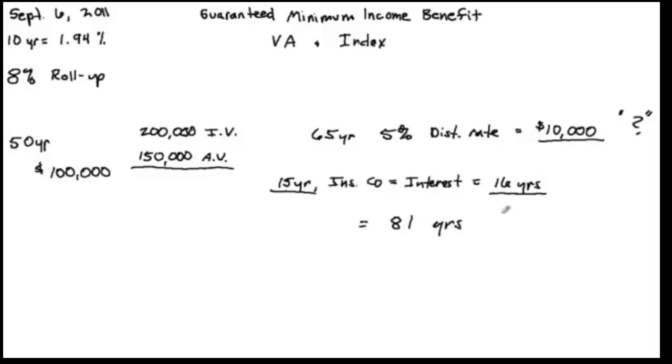And back up to this original question, what happens if you live to age 90? What happens between this period of time? Because we've seen that this $10,000 eliminated the account value because we lived too long. Well, where does that $10,000 come from now? Well, it comes from the insurance company.